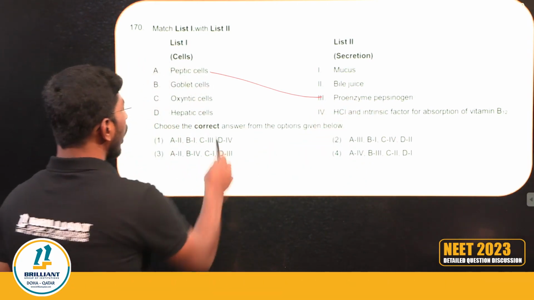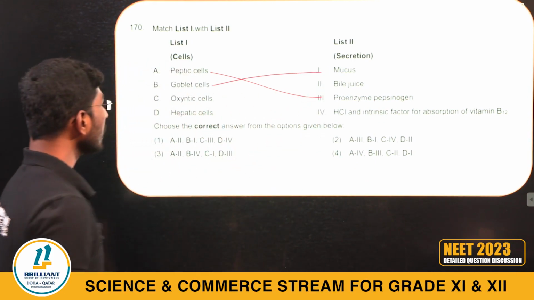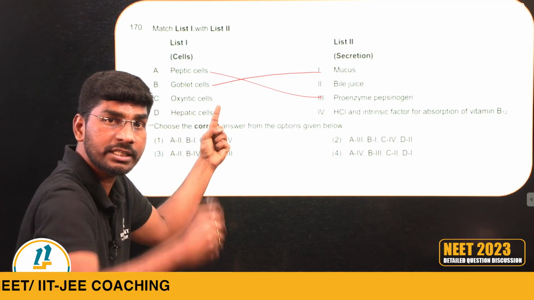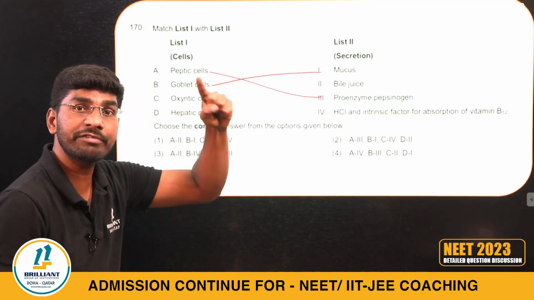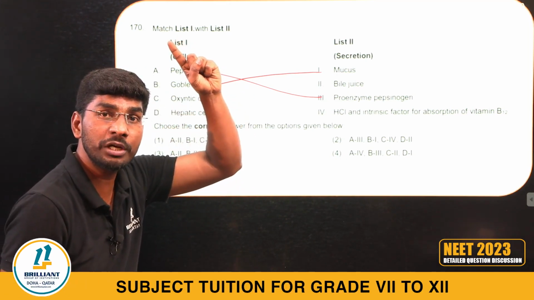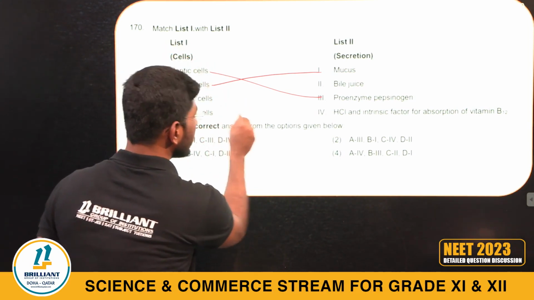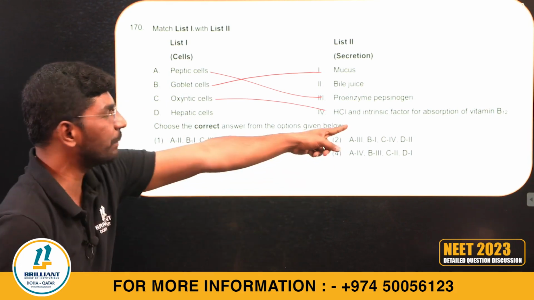Goblet cells secrete mucus. Oxyntic cells secrete HCl and intrinsic factor, which helps absorb vitamin B12.